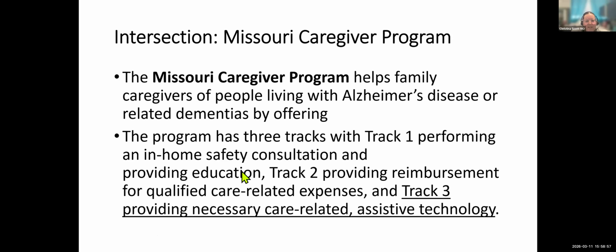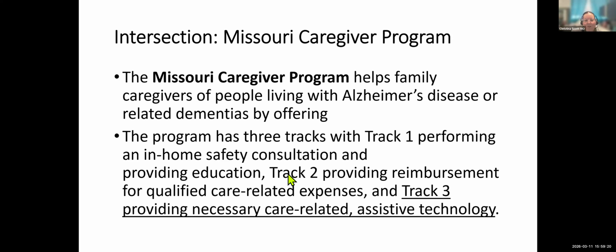Track two is a relief piece that often includes a lot of respite care, whether that's in-home respite or adult day programs or temporary stays in a long-term care facility while, say, the caregiver has to have surgery or go out of town or something like that.